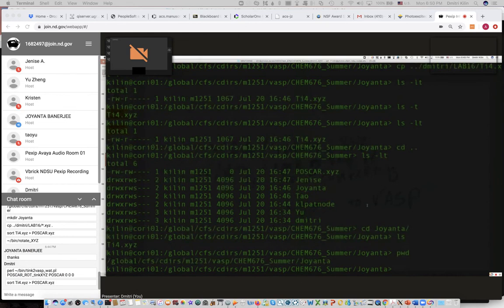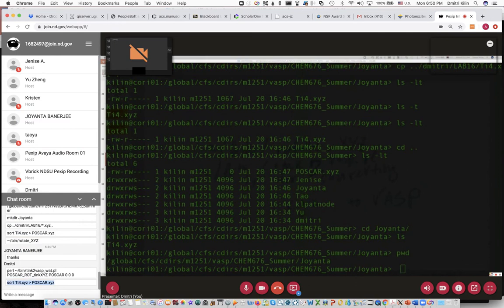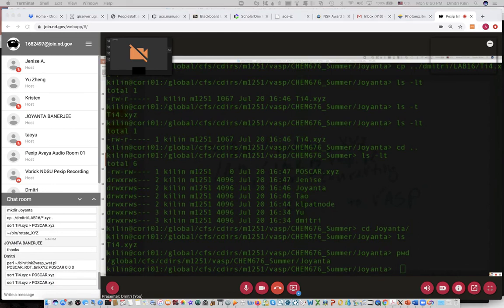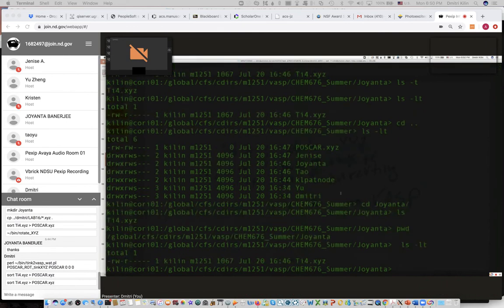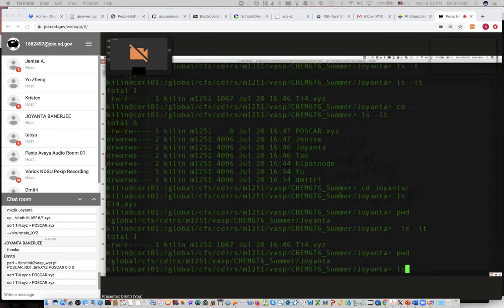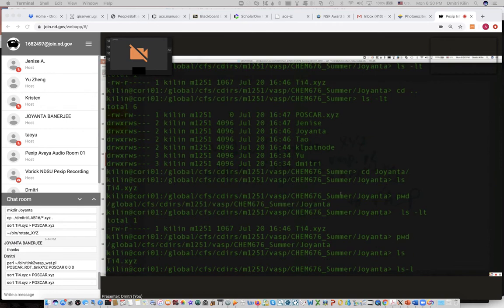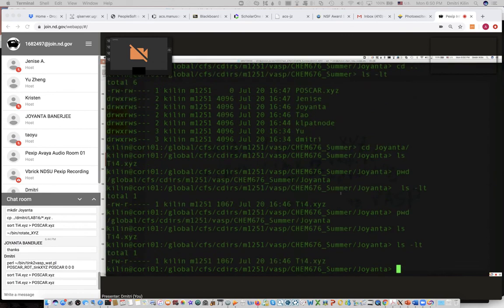Okay, now please type this command: sort space TI4 point. Do you see it? Just have to put sort.